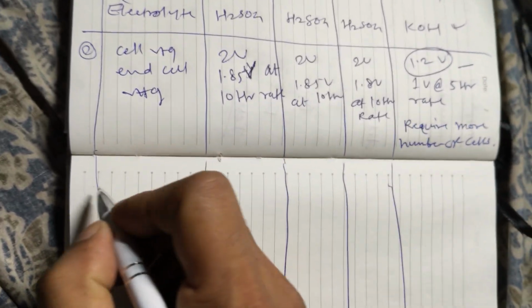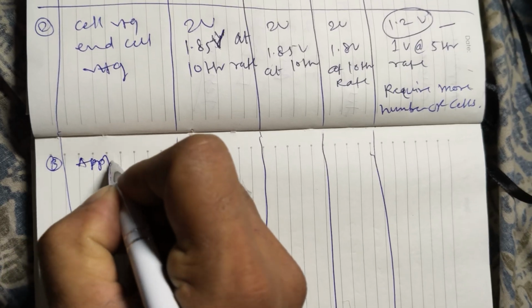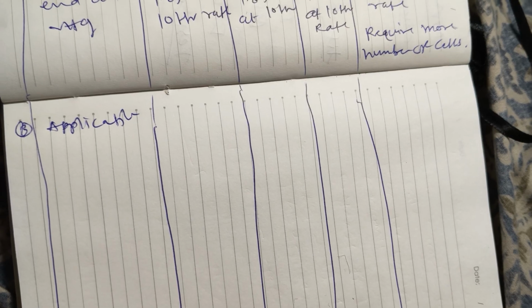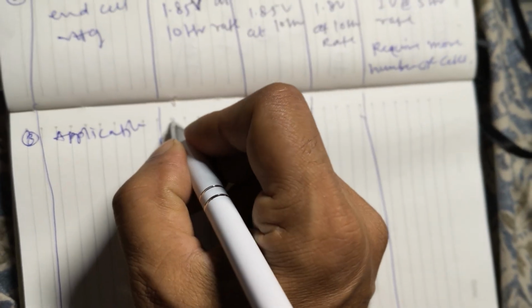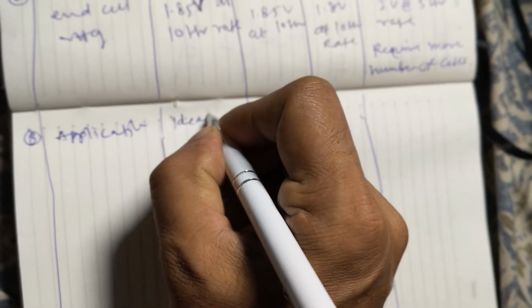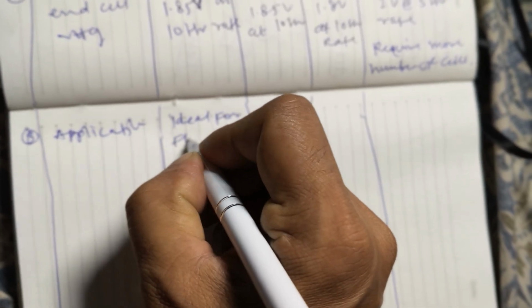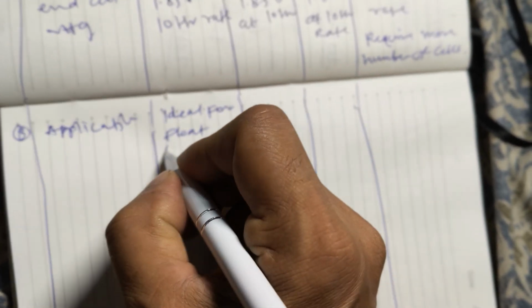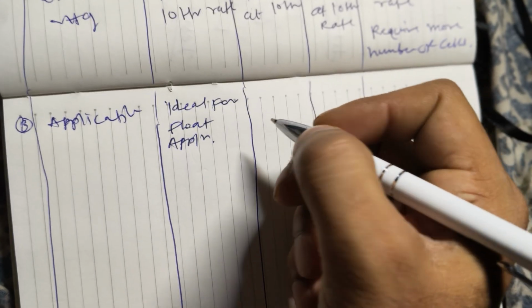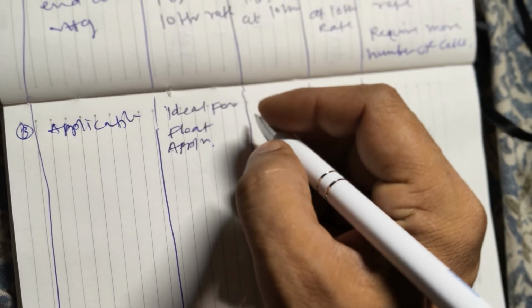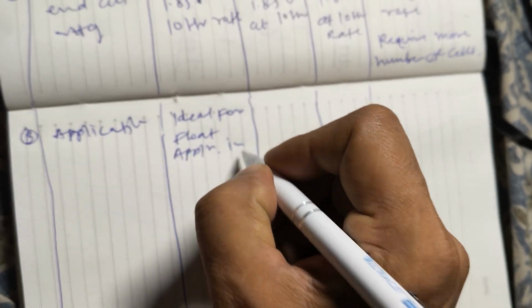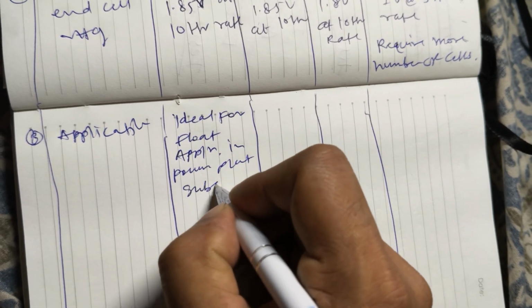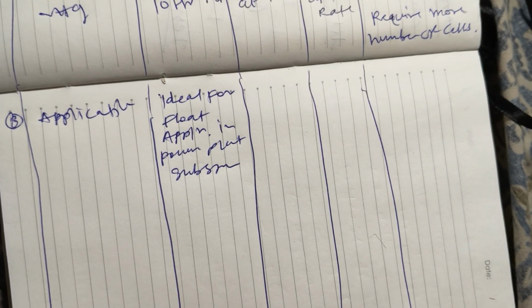Third is application. Application wise, plante is ideal for float applications in power plants and substations.